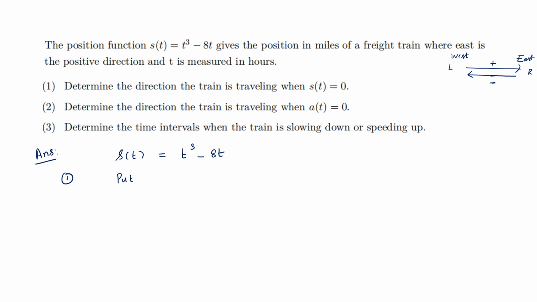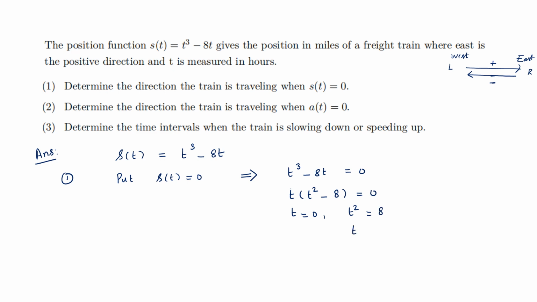What is the t value we have to first identify? t cube minus 8t equal to 0. t is common. We have t times t square minus 8 equal to 0. So t equal to 0 or t square equal to 8.